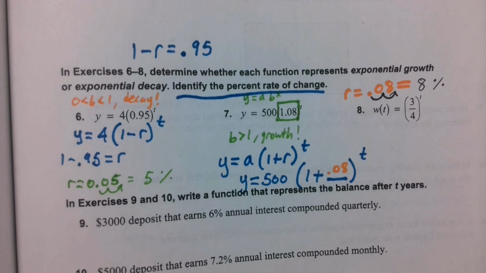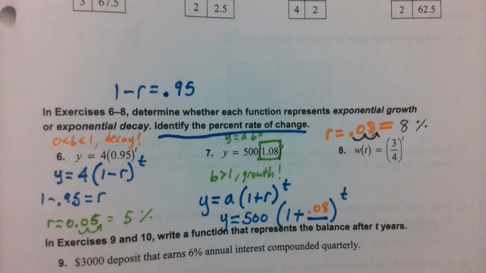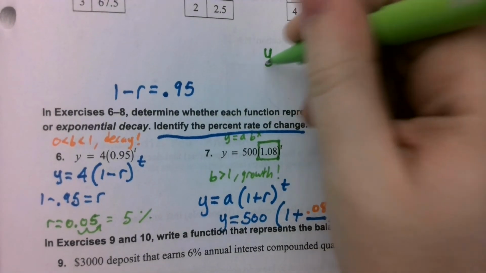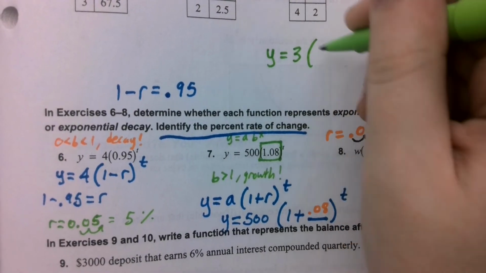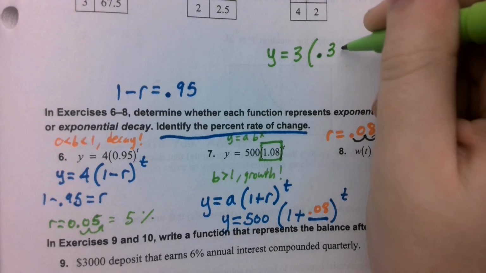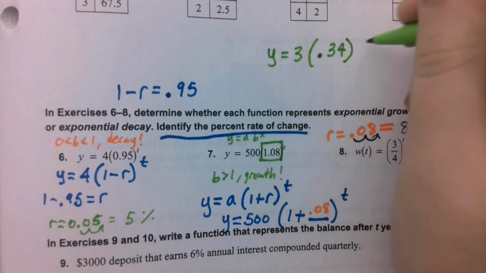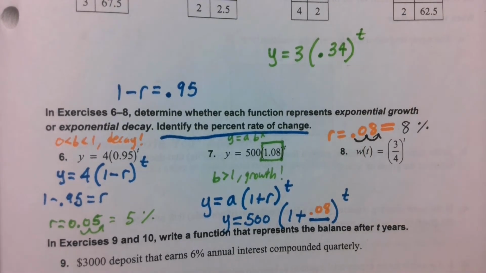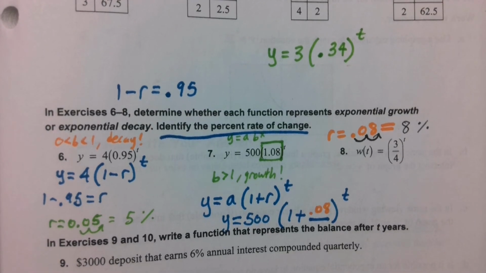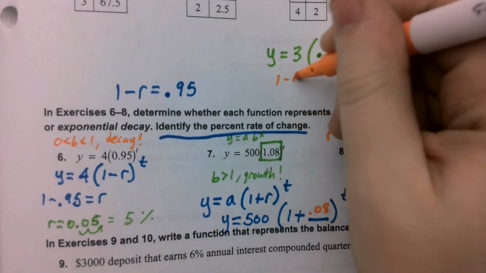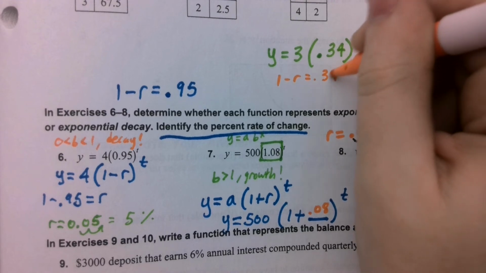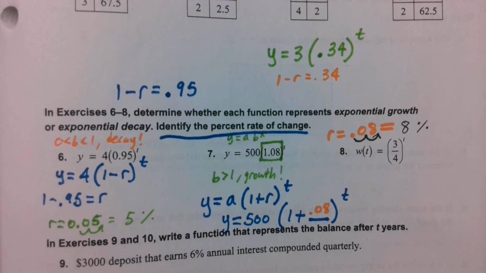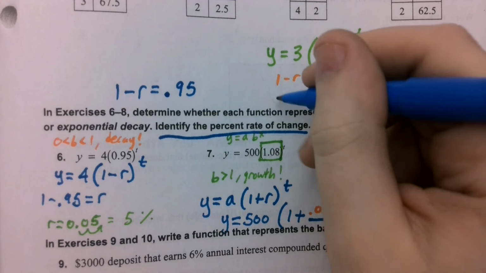So I'm going to put up another quick one just for you to check in on. Let's say I gave you the following. Y equals 3 times 0.34 raised to the t. And I want to figure out what my percent rate of decay is. Well, you can do 1 minus r equals 0.34, or you can use the trick that we found out, which is that you can swap the r and the 0.34.